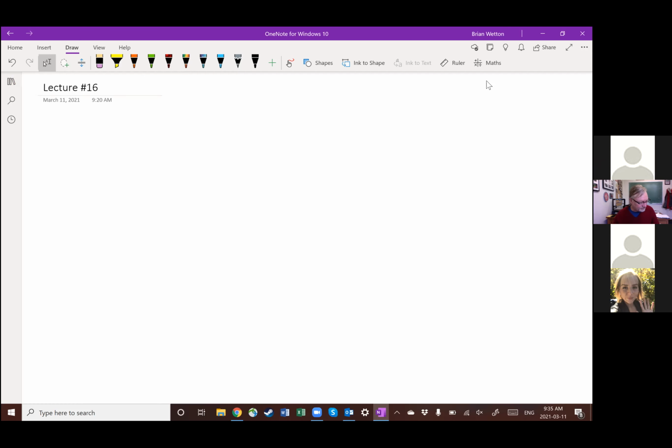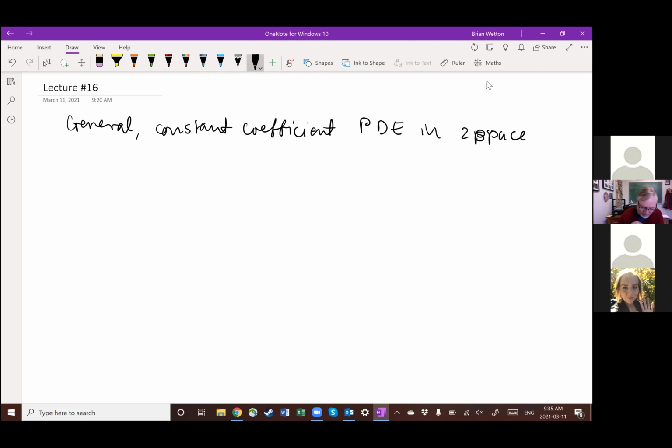Okay, so we're going to have a general constant coefficient PDE in two space variables. And of course, for some of the types of equations, one of the variables that I'm going to pick will really have a time-like character.